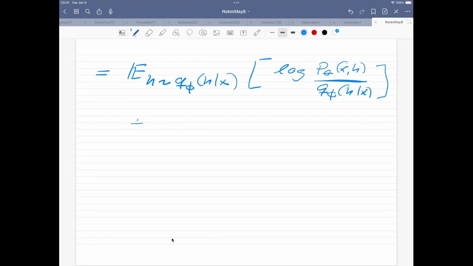Then we have an additional term, where H is drawn when we calculate the expectation values because we have an integral.